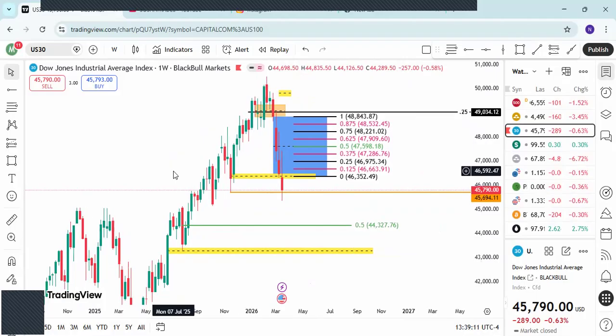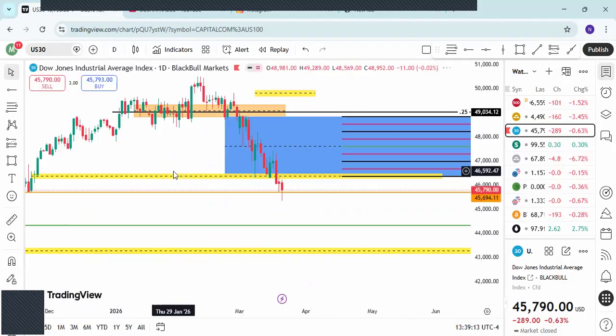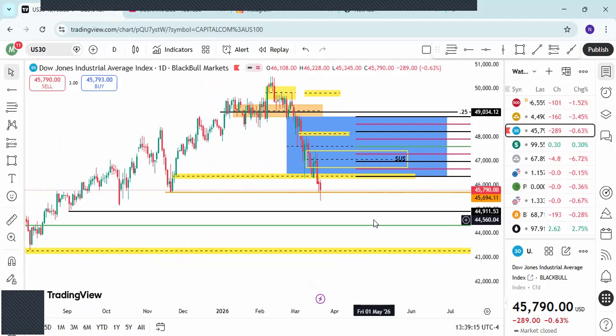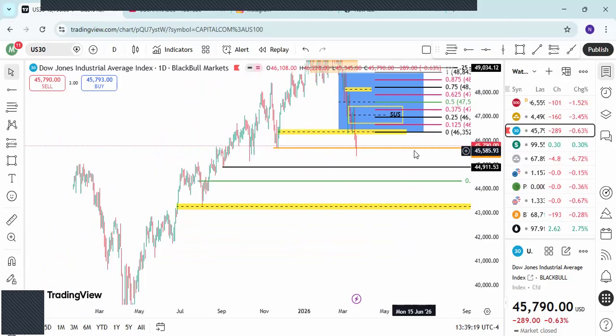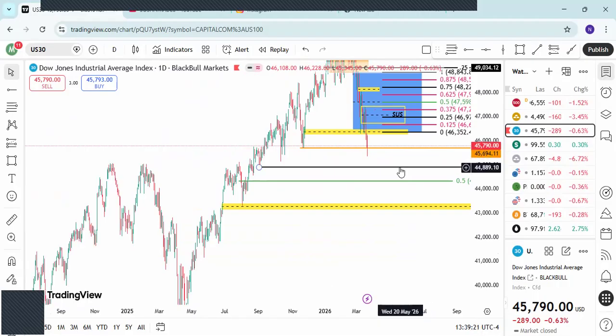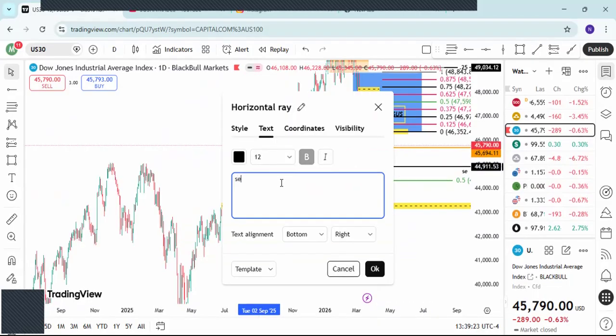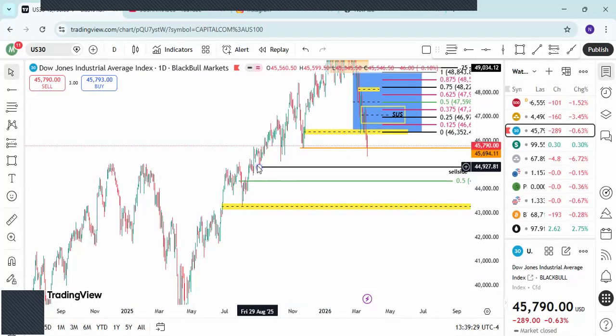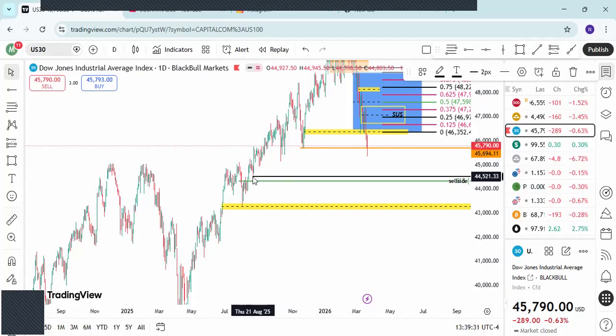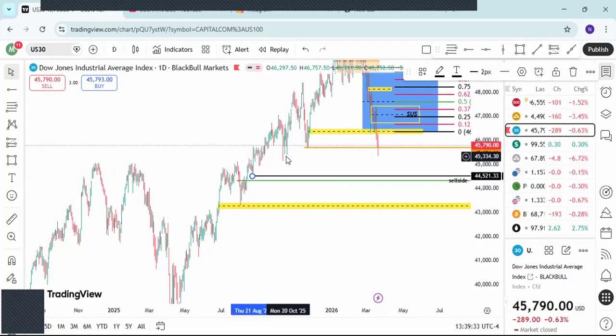Let's go on the daily. See that. Okay. So that's a nice price action there. Sell side there. But if we get here, I don't think we'll want to leave this low there. These are too close.